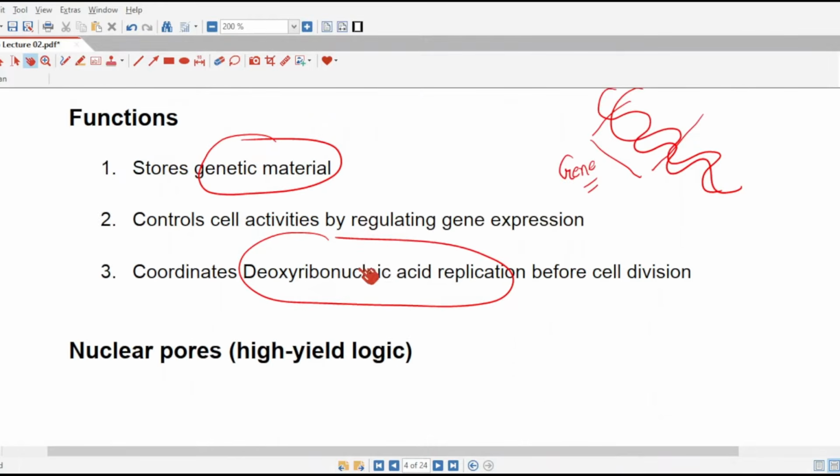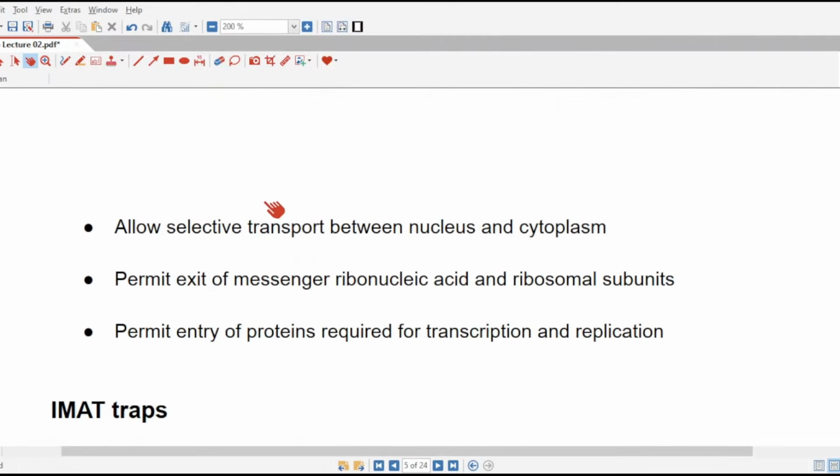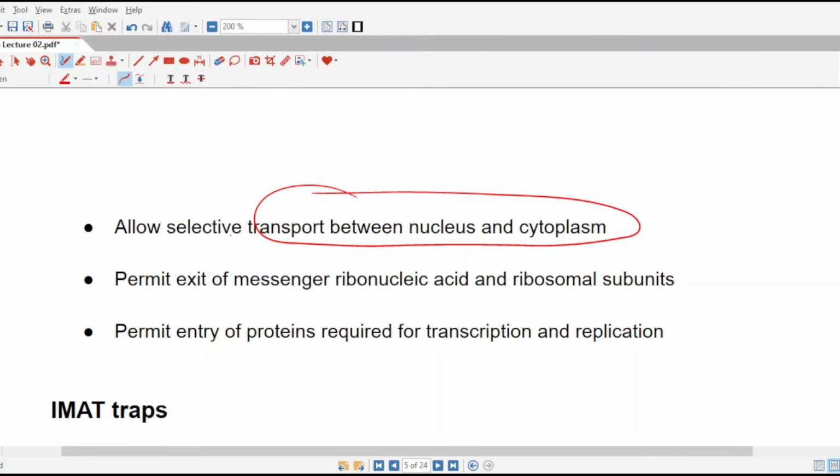Okay, and the nuclear pore, I have already told you about the function of nuclear pore, and let's see how the language will be in the question. It will allow selective transport between nucleus and cytoplasm, true, and it will also permit the exit of messenger ribonucleic acid, that means mRNA.